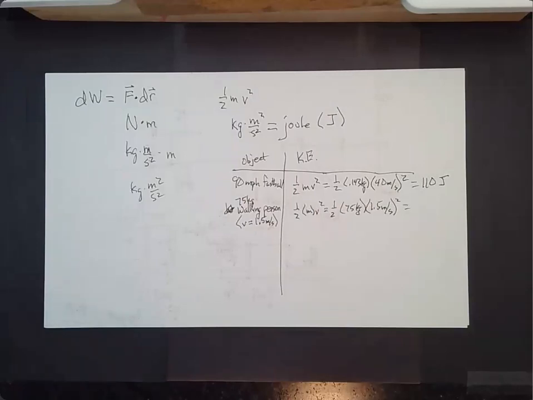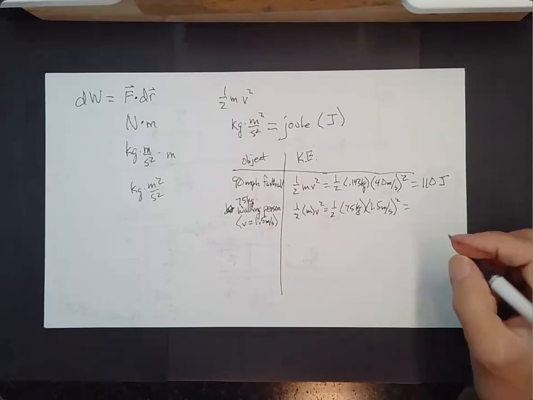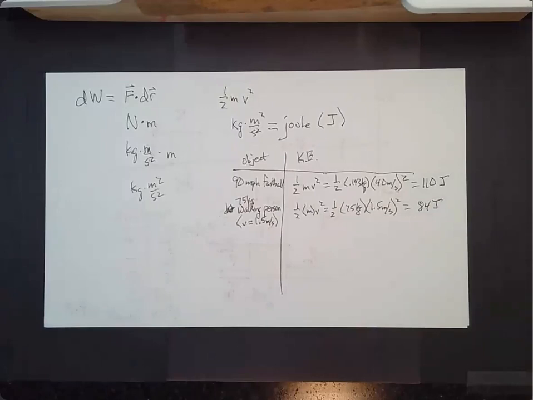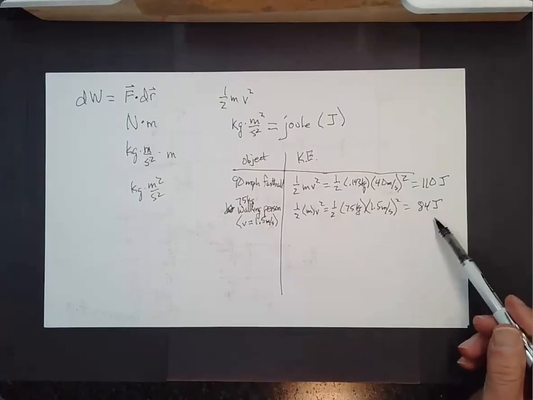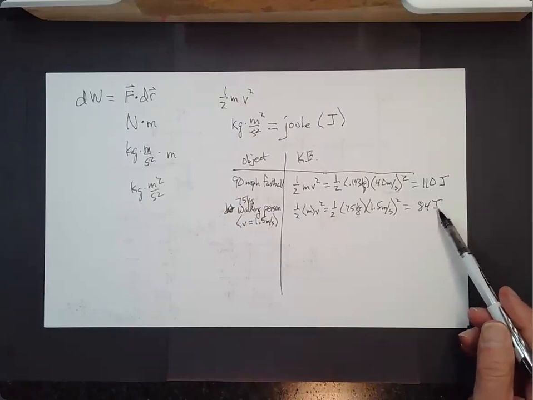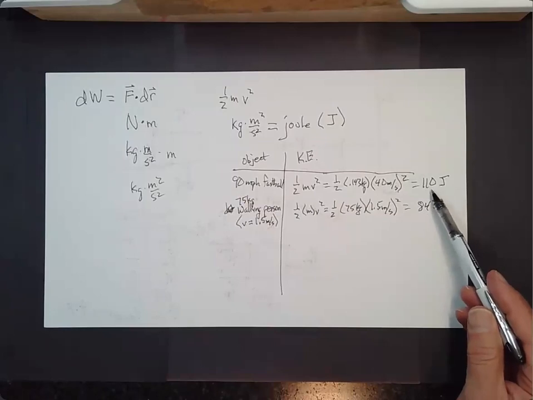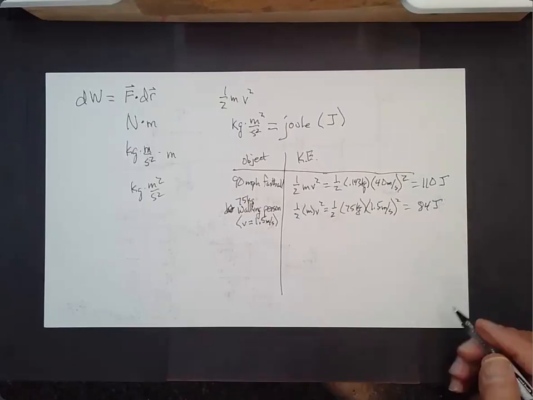Okay, for this I get about 84 joules. So a person who's just kind of strolling along at 1.5 meters a second, that's not particularly fast, might be around 3 miles an hour or something like that, but 84 joules. So they've got a kinetic energy that's comparable to that of a 90-mile-an-hour fastball.